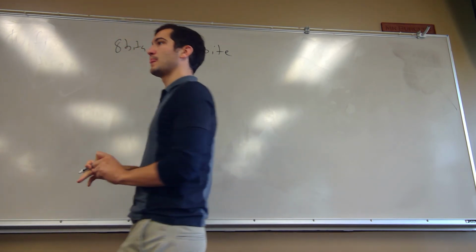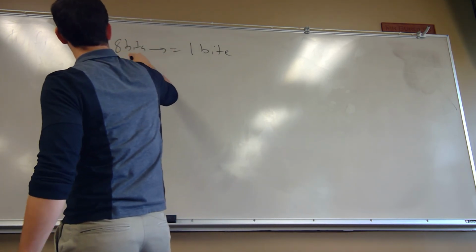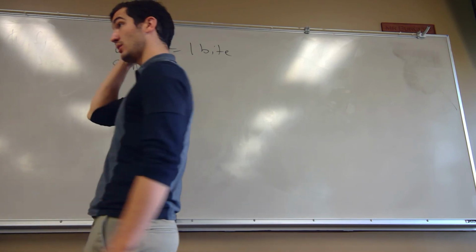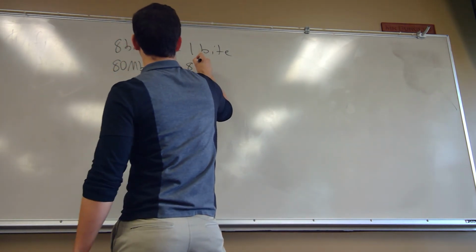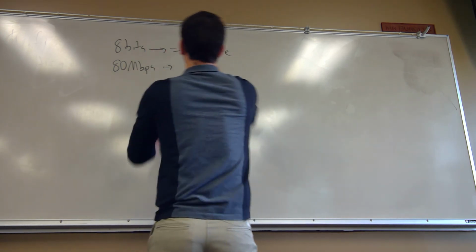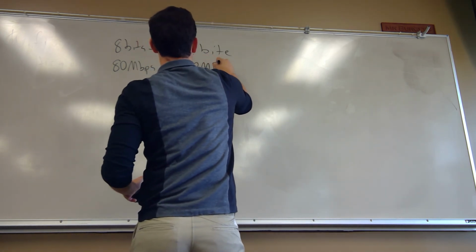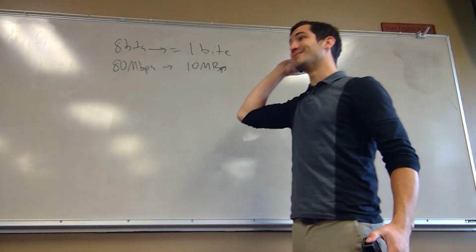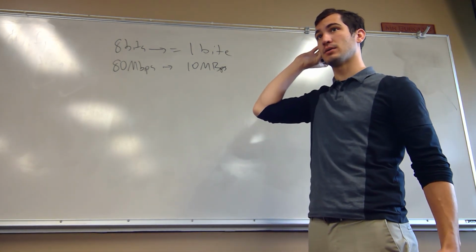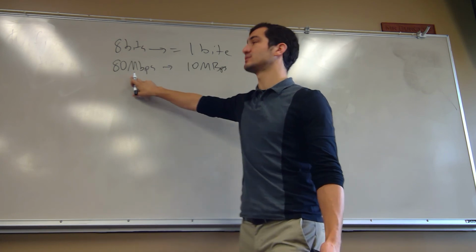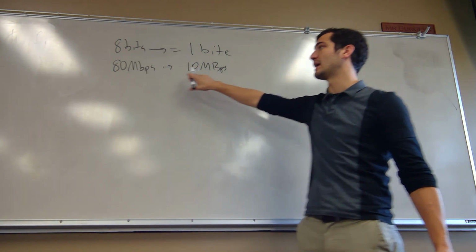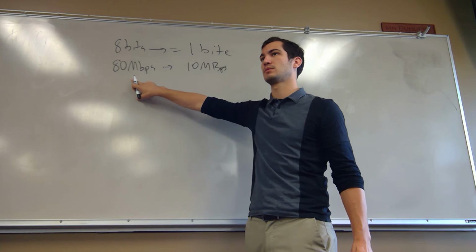So if you get 80 megabits per second download speed at home, that translates to 10 megabytes per second. So if I have a 10 megabyte file, even though I'm downloading at 80 megabits per second, it'll download in 1 second and not an eighth of a second.